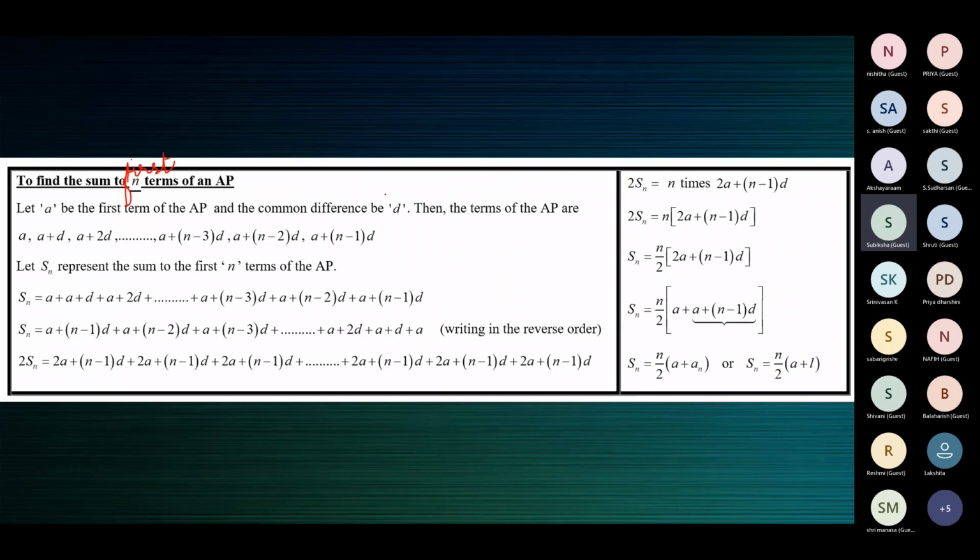We're going to understand the formula which will help us find the sum to the first n terms, from the beginning to the 50th term, the first 1000 terms of the AP, not some 1000 numbers in the middle.